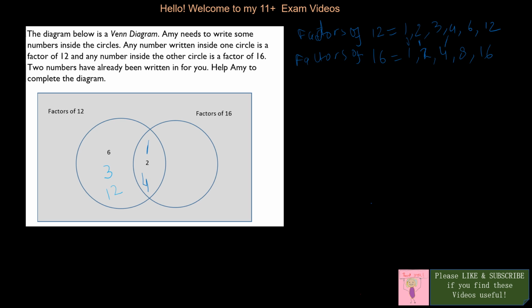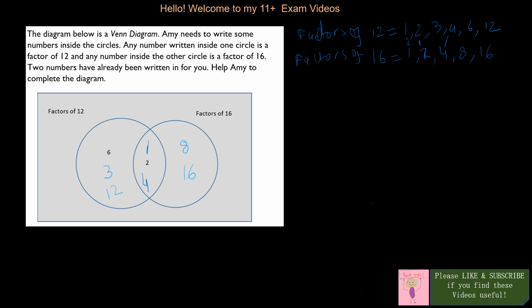Similarly, the factors of 16 that do not belong to the common part are, we can't have 2, we can't have 4, we can certainly have 8, and we can have 16. So I think that covers all the numbers. 1, 2, 4, yeah, 3, 6, 12, yeah, and 8, 16, yeah. So that answers the question.